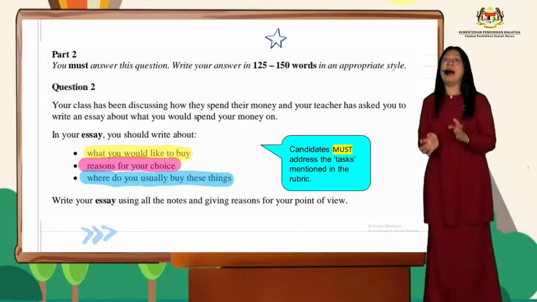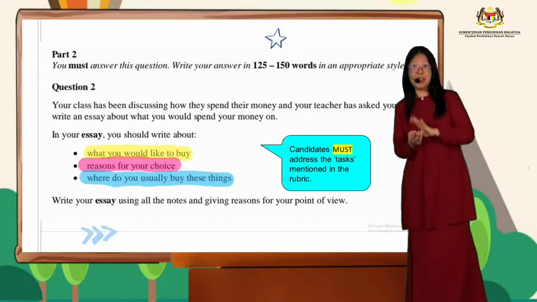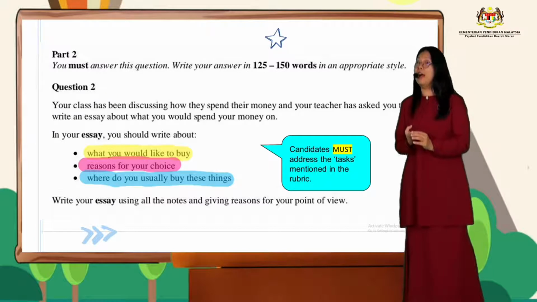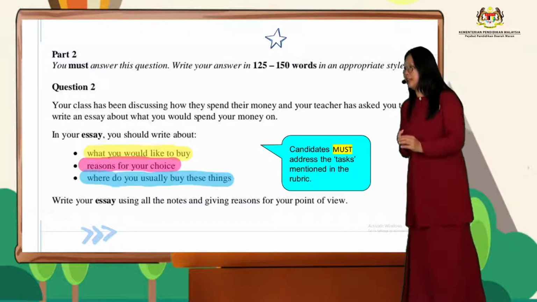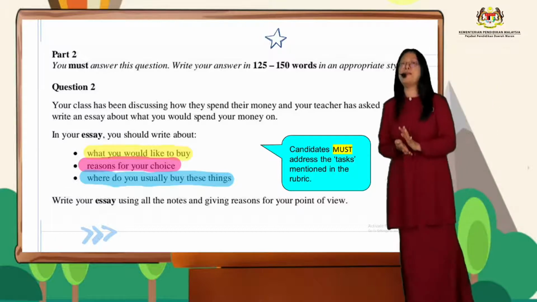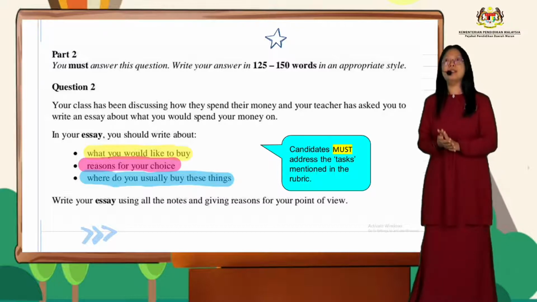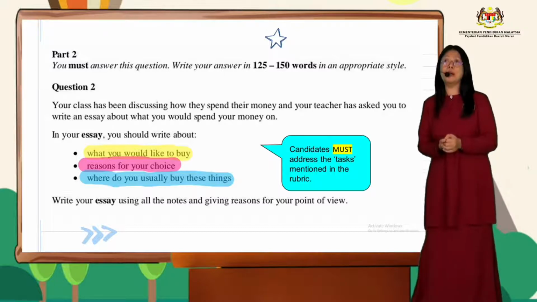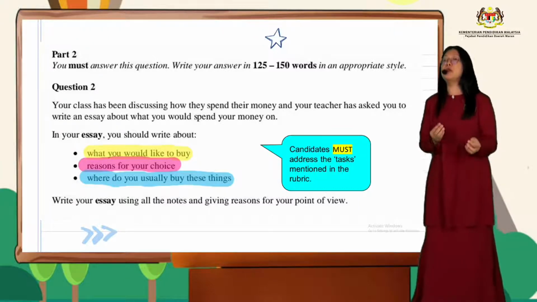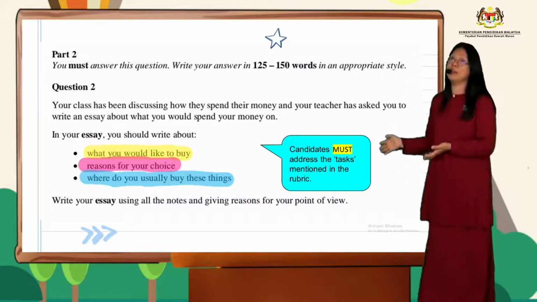I want to keep up with the trend. So I have given 3 reasons for task 2. Now look at task 3. Where do you usually buy this thing? I want to buy the iPhone 12 from ECM, East Coast Mall, from a phone store there. So I have answered all the questions here.